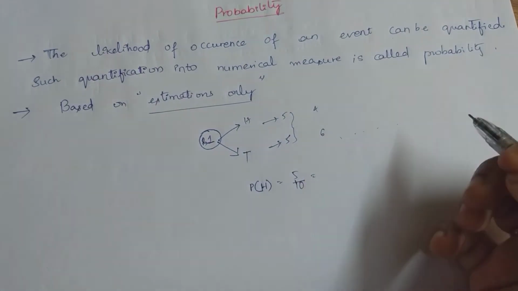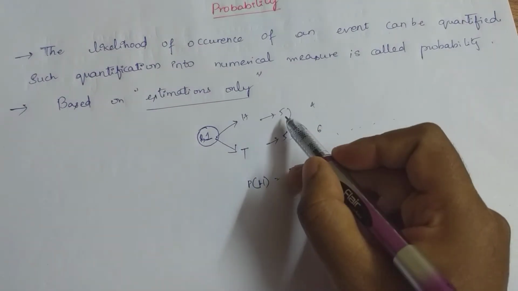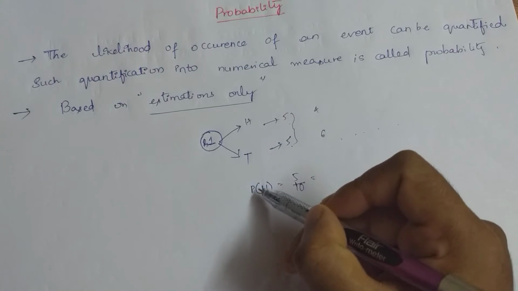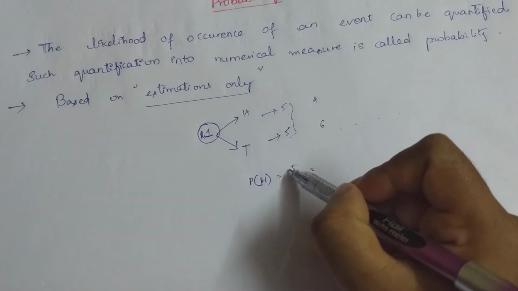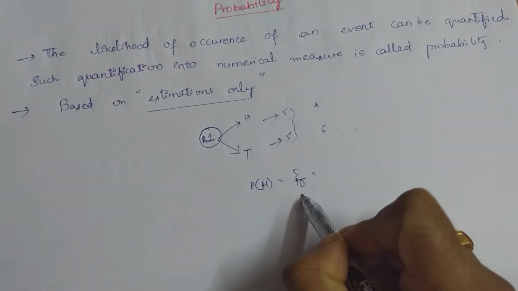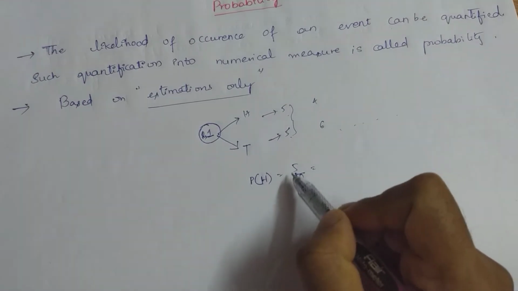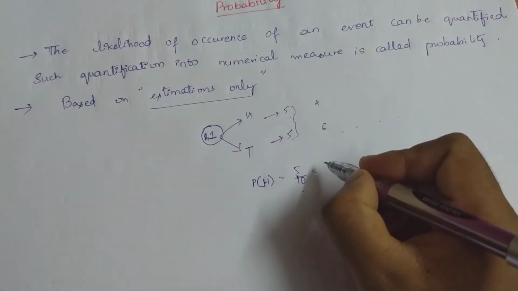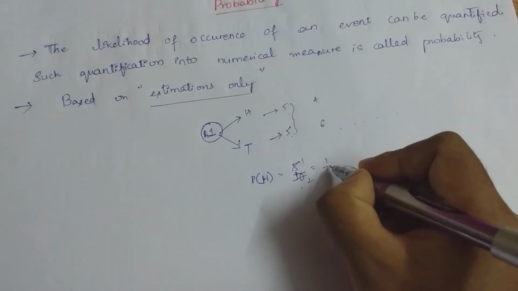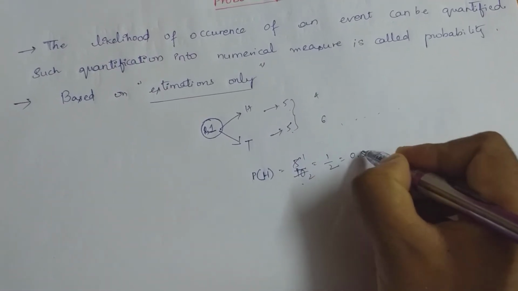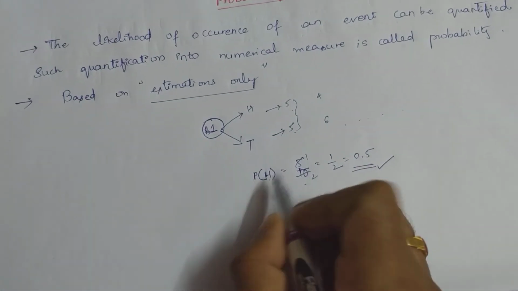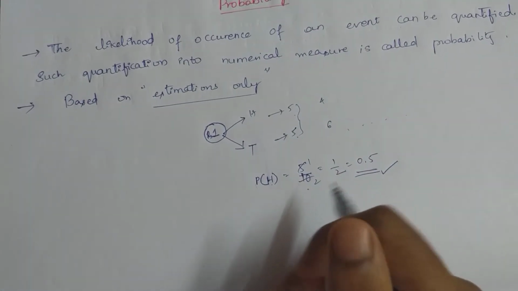10 times you tossed the coin, out of which 5 times you got head and 5 times you got tails. So the probability of getting heads is the number of times you got head divided by the total number of outcomes, that is the total number of times you tossed the coin. So it is 1 by 2, which can be written as 0.5. This 0.5 is the probability of getting head when you toss the coin 10 times.